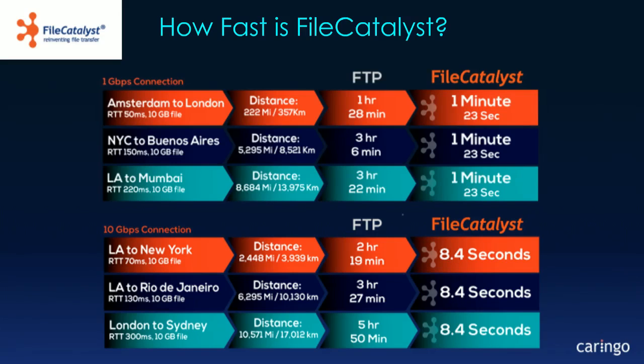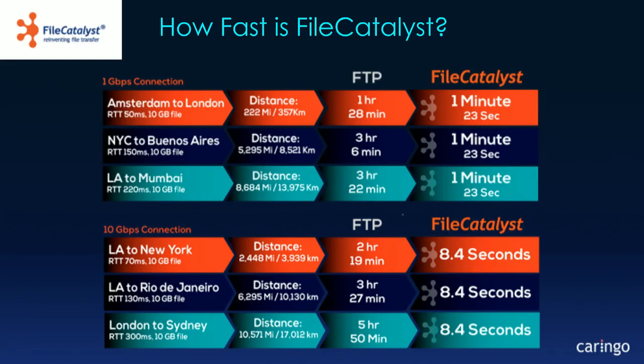On a 50 millisecond latency link, FTP takes an hour and 28 minutes, whereas FileCatalyst takes a minute and 23 seconds. The same file, 10 gigabytes, on a link from New York to Buenos Aires, where the latency is 150 milliseconds, FTP takes 3 hours and 6 minutes, whereas again, FileCatalyst takes a minute and 23 seconds.